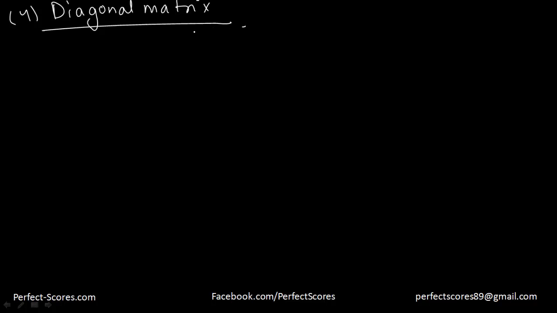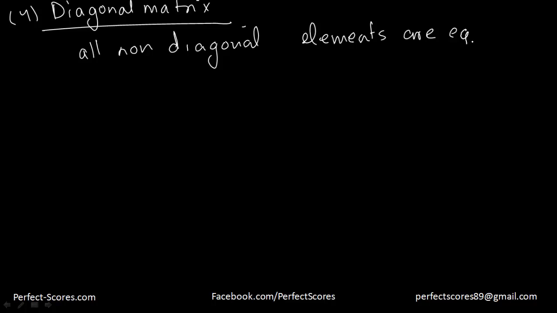Now, since we're talking about diagonals, let's talk about what is known as a diagonal matrix. In a diagonal matrix, all the non-diagonal elements are equal to 0. So it's only a square matrix; we are not talking about any other matrix.